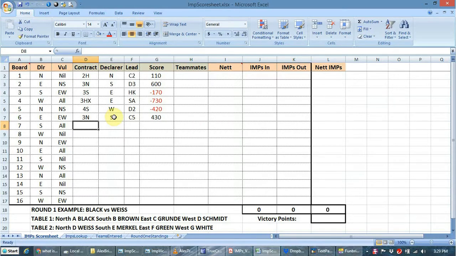And on the next board, board 7, our opponents bid to 6 clubs. The Heart Queen was led, and they made that, and a vulnerable small slam is worth 1370. For making 6 clubs, making 12 tricks, you score 1370.